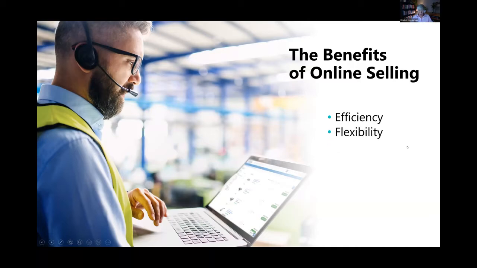You are giving your organization the ability to be flexible and scalable. So as you add additional brands, as you add additional products, maybe to your ERP system, immediately those products become available in your storefront for customers and dealers to access. So flexibility is really key. And then profitability.